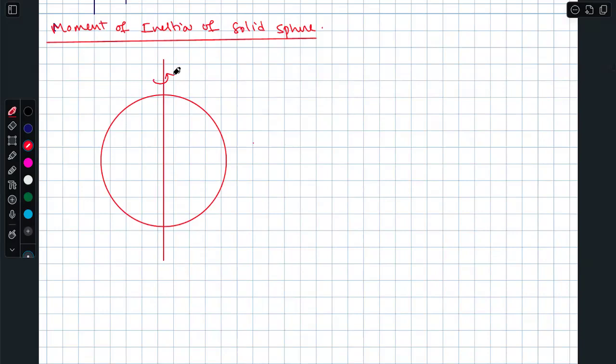Next. Right, so that is the moment of inertia of a thin solid sphere. Sorry, a solid sphere, complete, full volume.